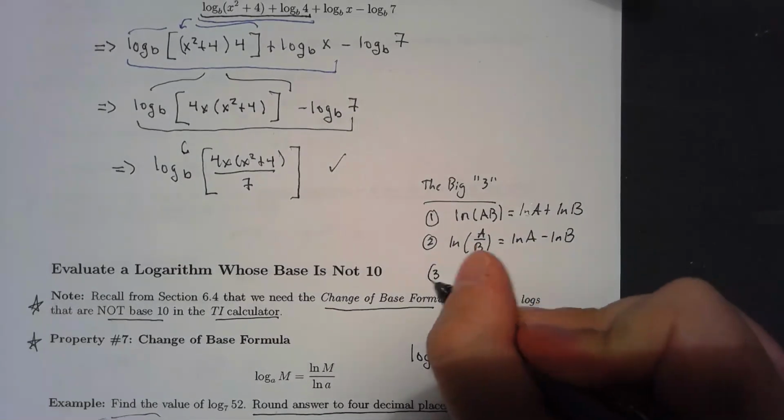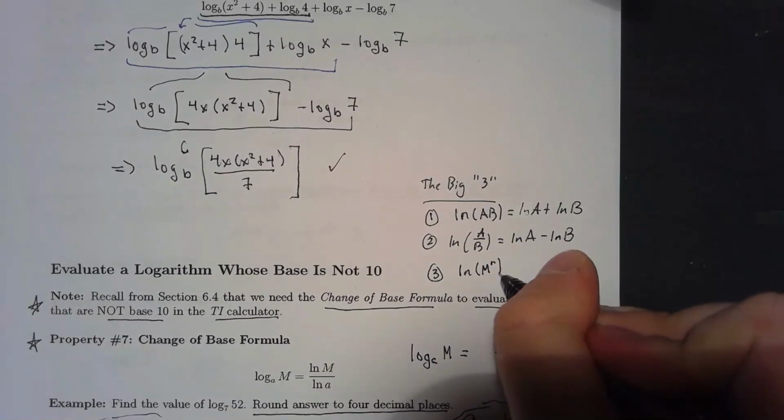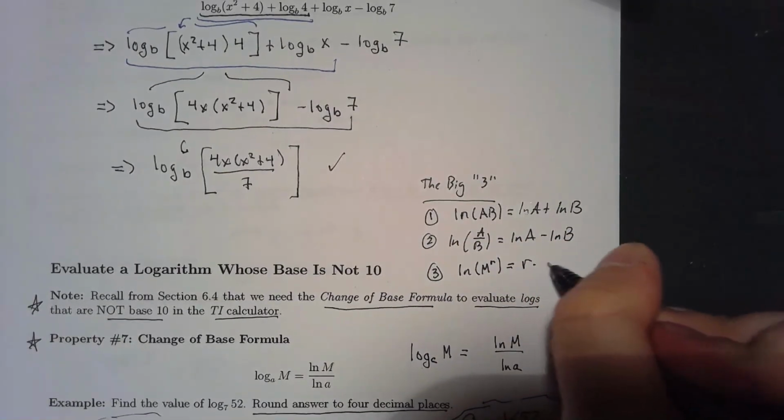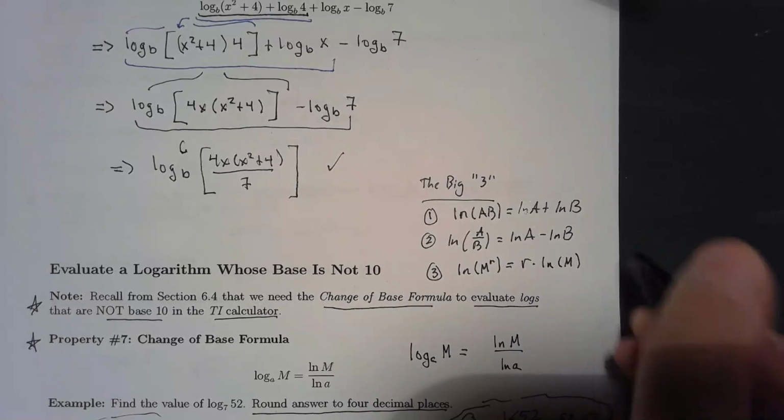And the log of something to a power equals R times ln of something.